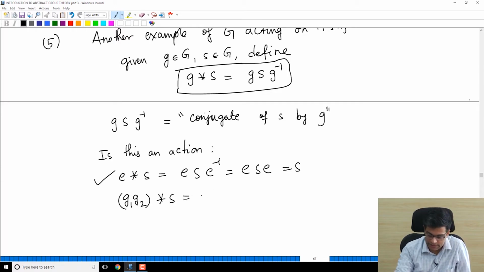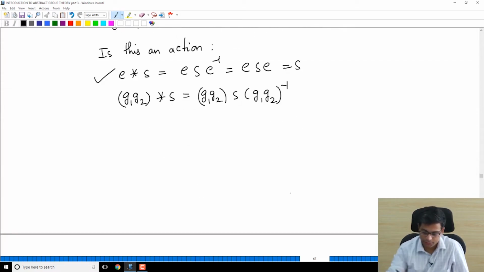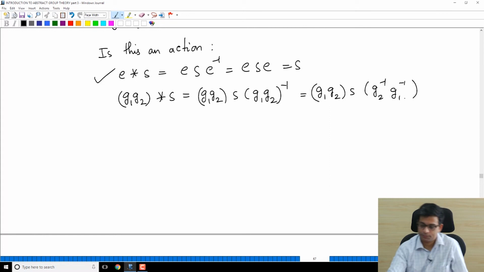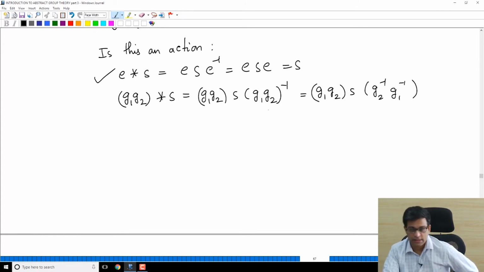By definition this is the same as g1 g2 times s times g1 g2 inverse, right? This is the action. But this is the same as g1 g2 s g2 inverse g1 inverse, right? Because that is the inverse in a group. The inverse of the product g1 g2 is g2 inverse times g1 inverse.